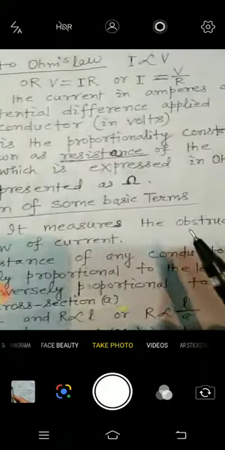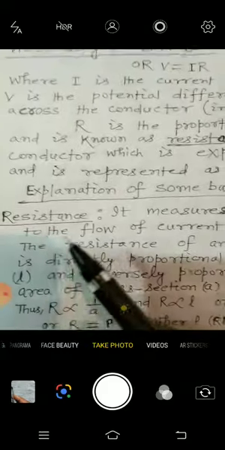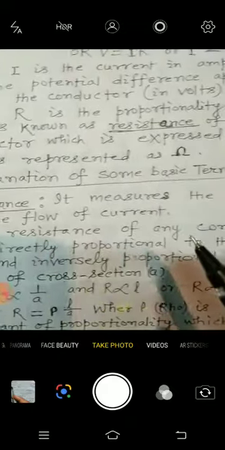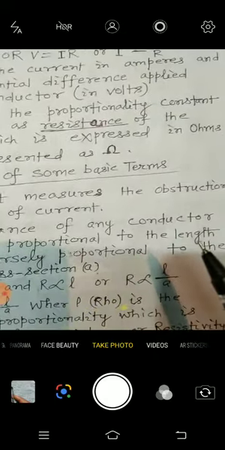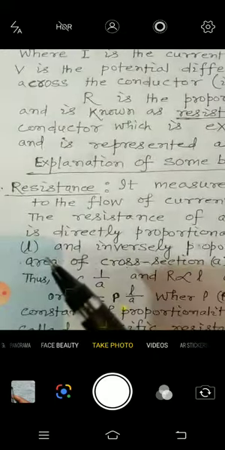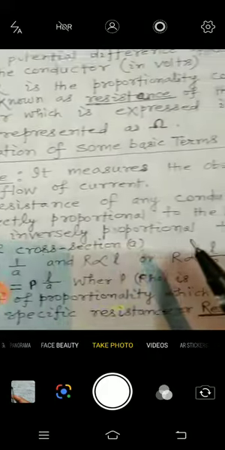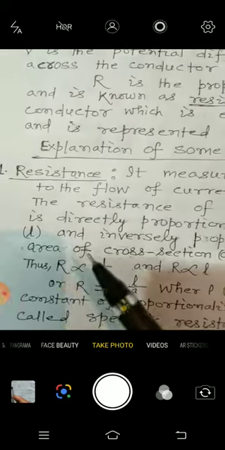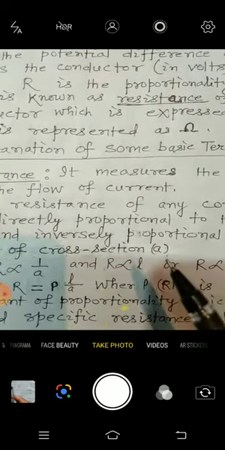It measures the obstruction to the flow of current. The resistance of any conductor is directly proportional to the length, that is L, and inversely proportional to the area of cross section.